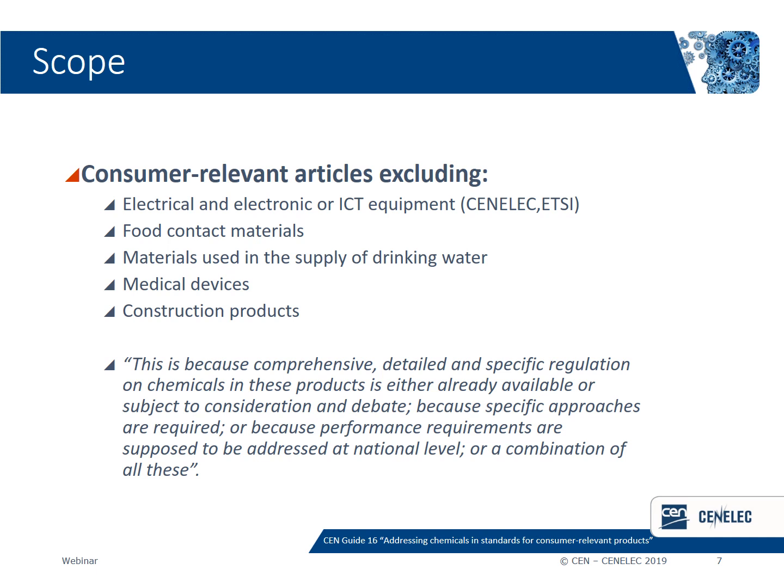This is because comprehensive, detailed and specific regulation on chemicals in these products is either already available or subject to consideration and debate, because specific approaches are required, or because performance requirements are supposed to be addressed at the national level, or a combination of all these.